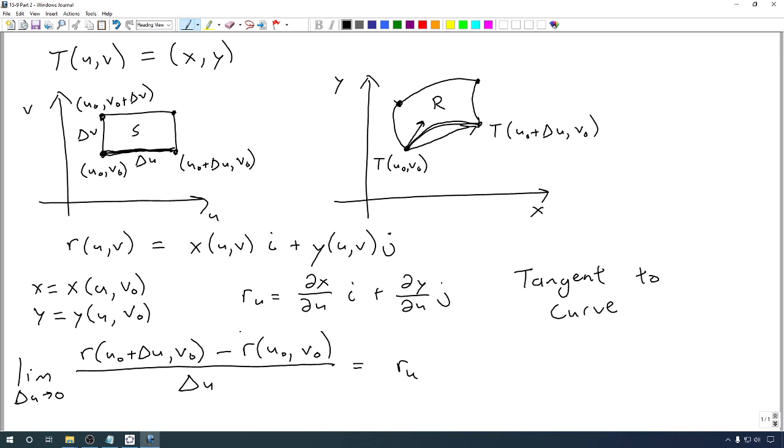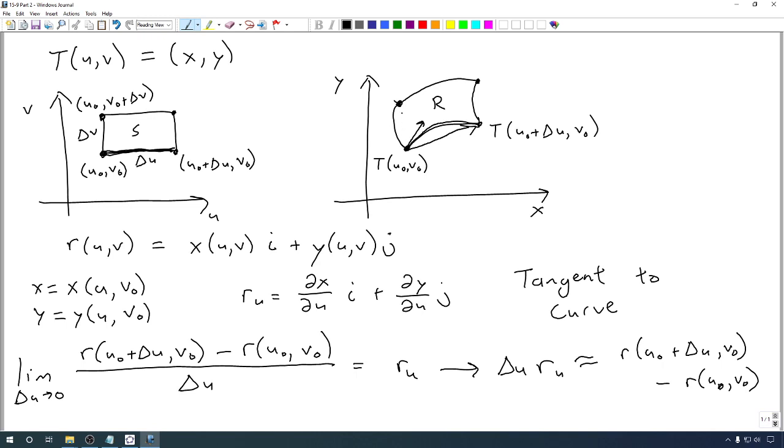And so what we can say is that this vector r sub u, at least times delta u, is approximately equal to this difference, as long as delta u is small. And that's going to be the key. So getting this approximation is key.